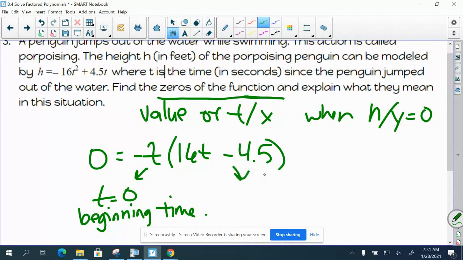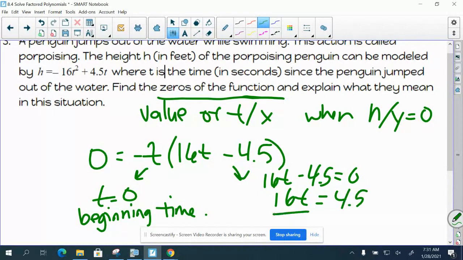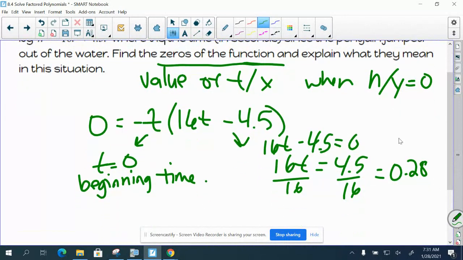And then this, if I set this equal to 0, 16t equals 4.5, divided by 16. And 4.5 divided by 16 is 0.28. So this 0 means that it takes 0.28 seconds for the penguin to land back on the ground.